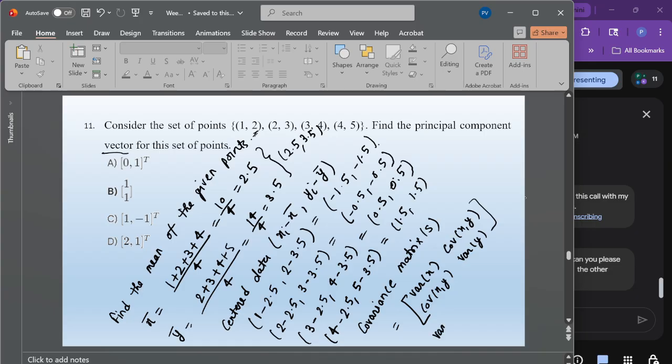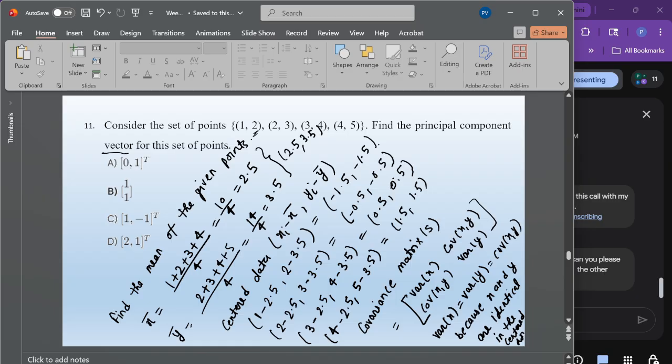So variance of x, variance of y, and covariance of xy would be equal because x and y are identical in the centered data points.